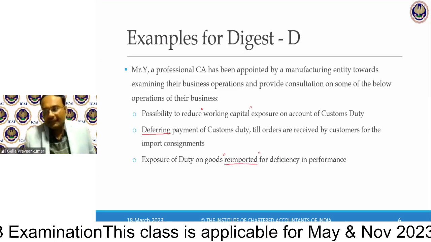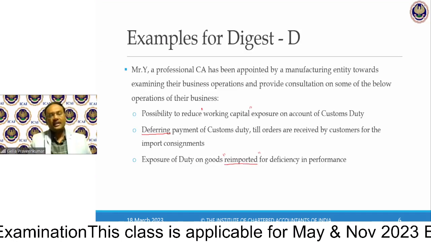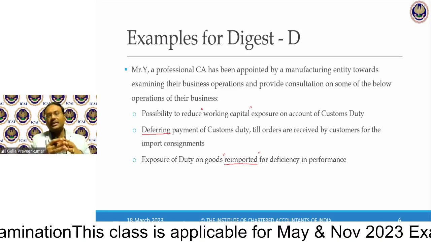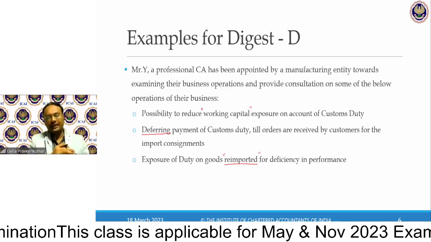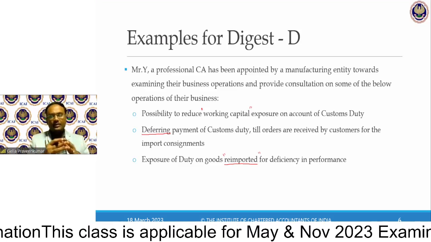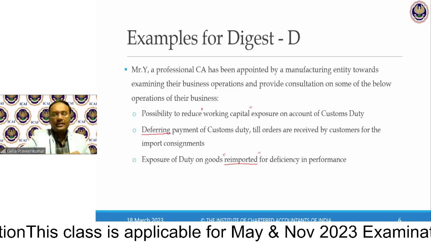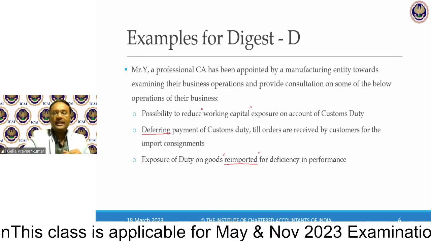I'll give an example for you to understand this provision. Say, for a moment, Sony Limited has manufactured a particular television. The particular television has been exported out of India. Once the customer received the goods, they felt that there was a deficiency, a lacuna or some performance issue in this particular material.